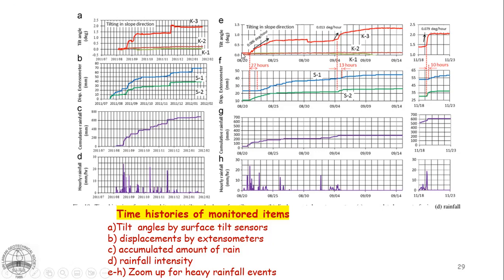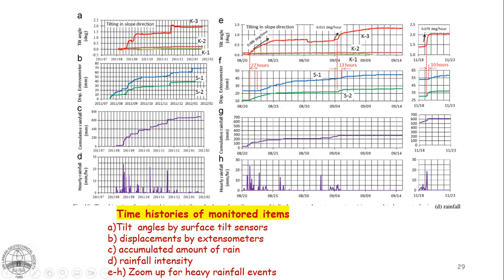Tilt sensor. So it is static here. With this rainfall event, it has started to move, and with the cessation of the rainfall, it is more or less static. And with this second rainfall event, which is of a lower intensity, there is some further movements which are much less than corresponding to the previous one.